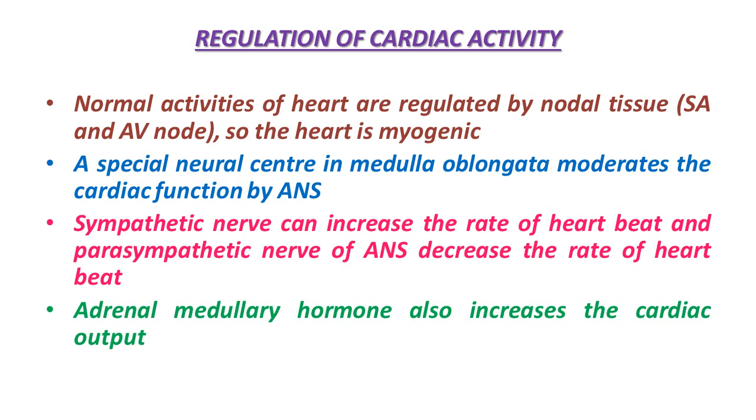Adrenal medullary hormones can also increase the cardiac output. So overall, through these nodal tissues, the autonomic nervous system, the neural signals, and adrenal medullary hormones, regulation of cardiac activity takes place.